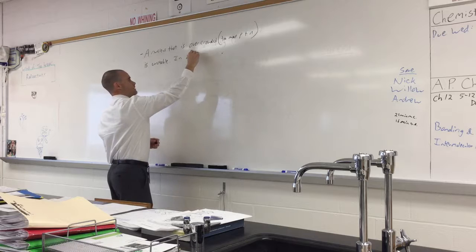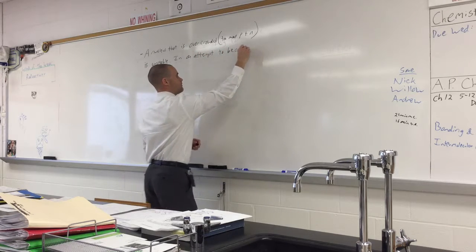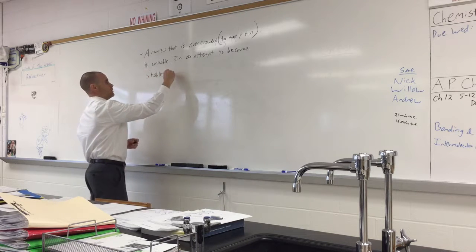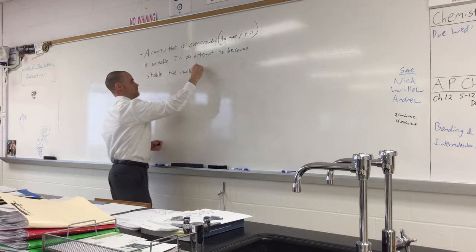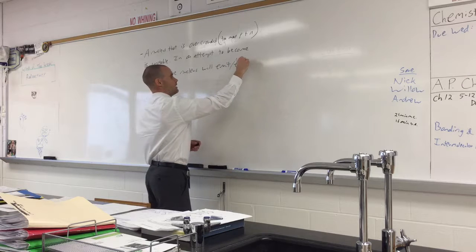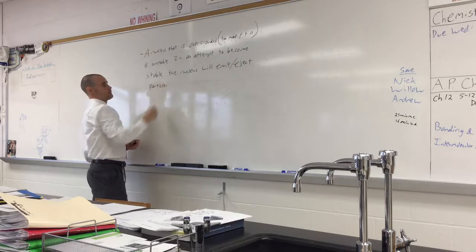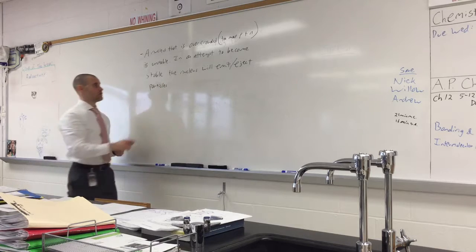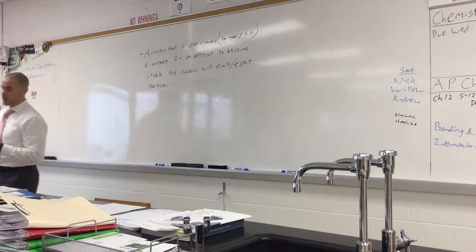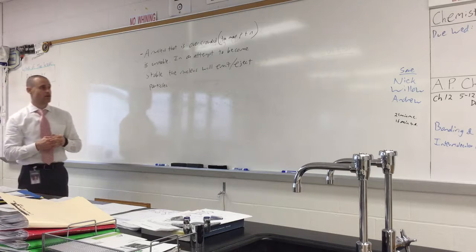In an attempt to become stable, the nucleus will emit or eject particles. So get rid of particles. So a nucleus that is overcrowded, with too many protons and neutrons, is unstable.